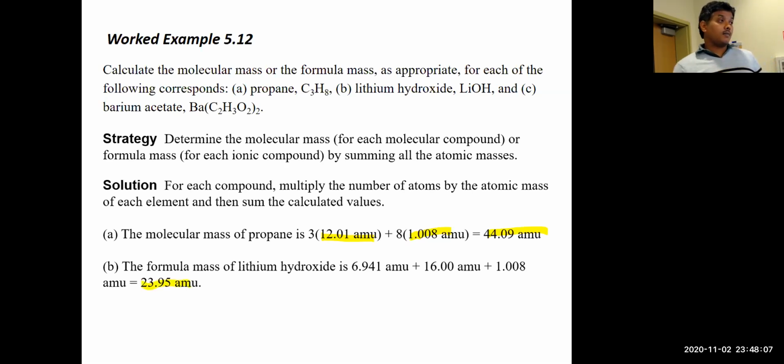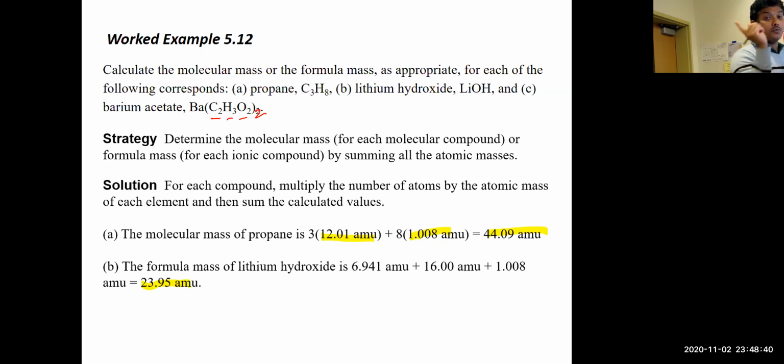Now comes the challenging molecule, barium acetate. Here is the tricky part that students miss. Whenever you have a polyatomic ion, and it is required to be present multiple times, you use parentheses. The 2 outside the parentheses says that you need to multiply 2 with each of the elements already present inside.